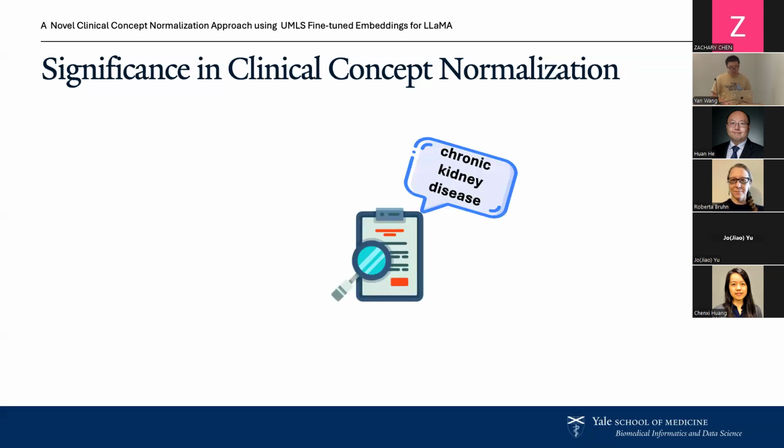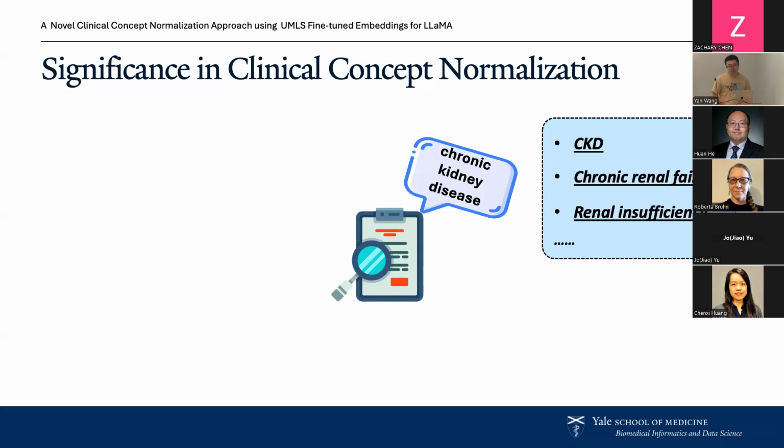For example, if we want to identify patients with chronic kidney disease in free text medical records, it will be challenging due to the different terms used to describe this condition, like CKD or chronic renal failure, and so on. So relying only on keyword searches may result in inconsistency and inefficiency.